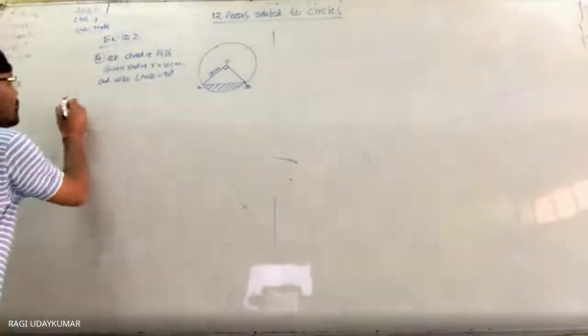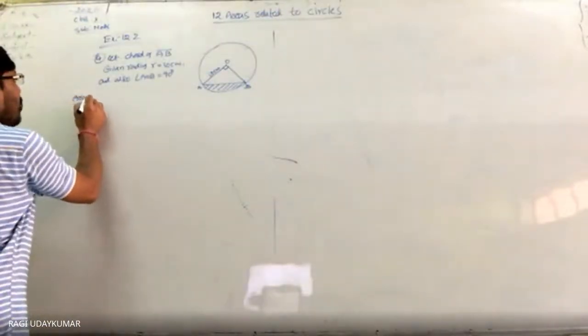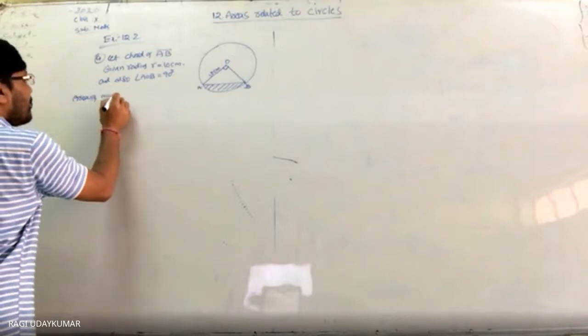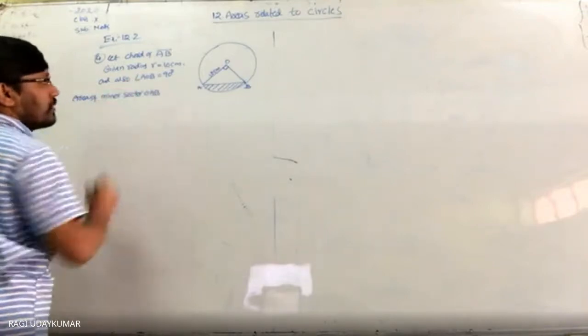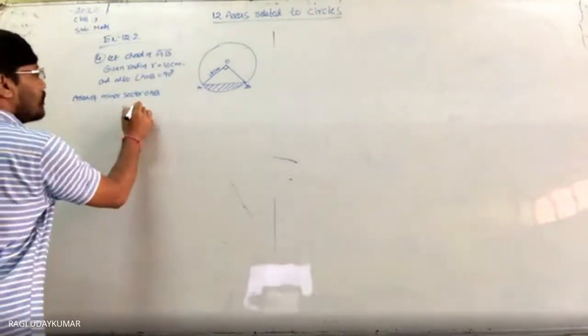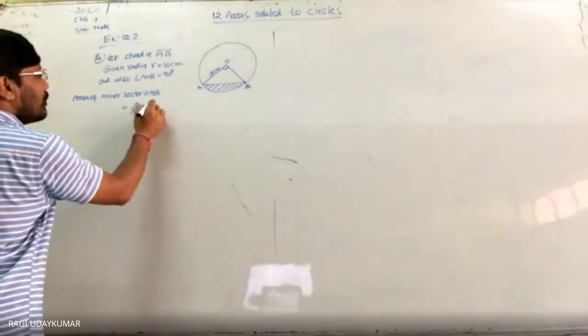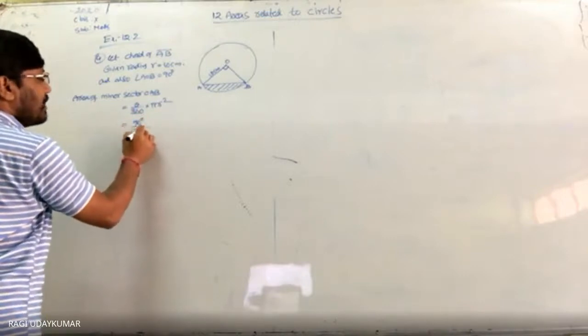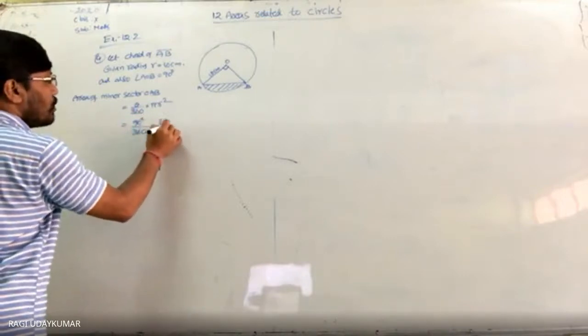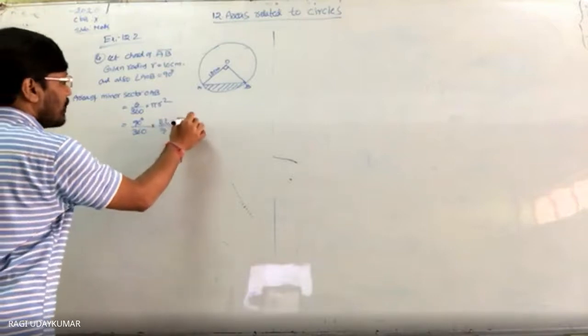So first let us write the area of minor sector OAB, which is equal to theta by 360 into pi r square. Theta here is 90 degrees by 360 into pi into the radius 10 into 10.